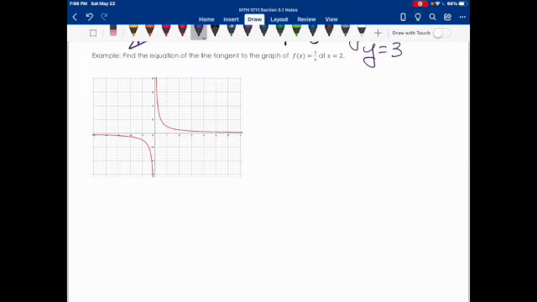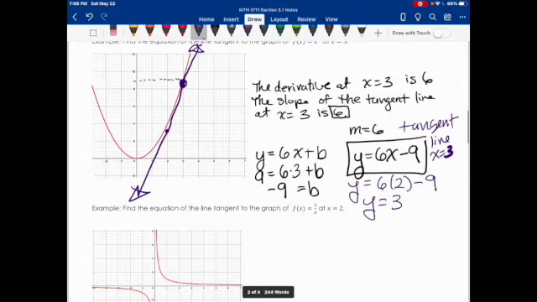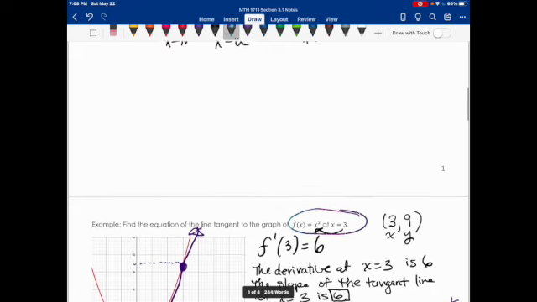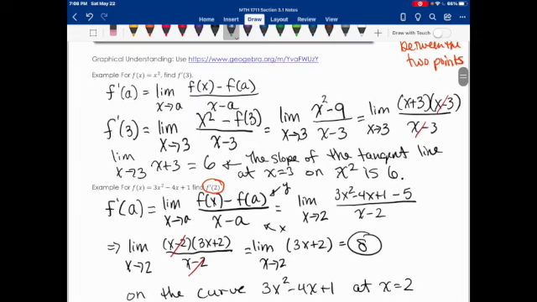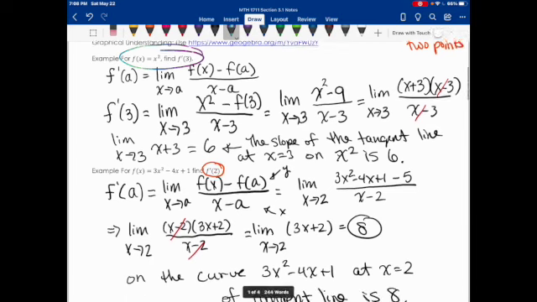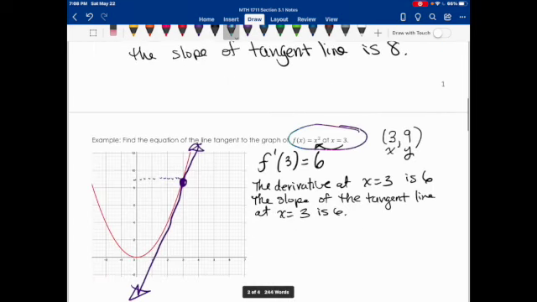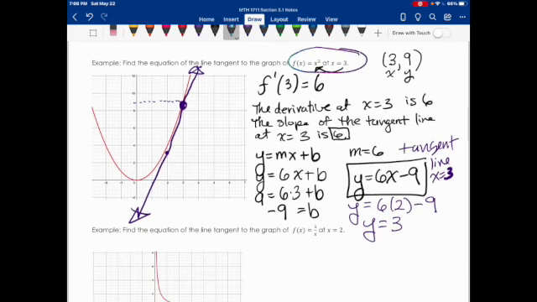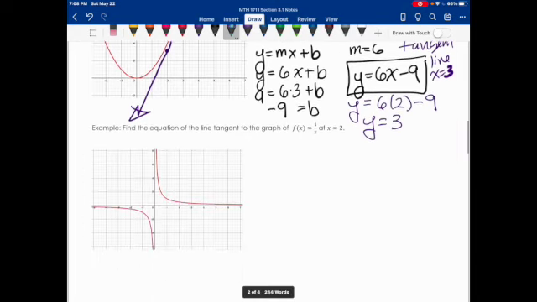Now this one we haven't already found the slope of the tangent line at x equals 2, so we have to do that first. If you look at this previous example, we already did find the slope at x equals 3 on that curve up here in the very first example. See, we did that already. So we could skip that step in this example, where we're trying to find the equation of the line tangent to the graph of x squared at x equals 3.